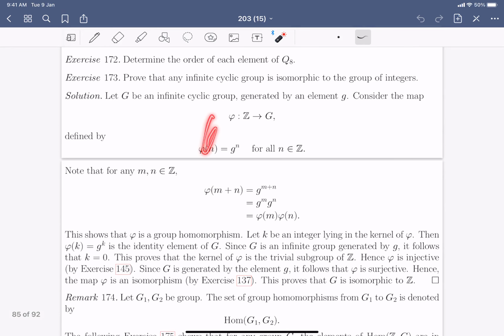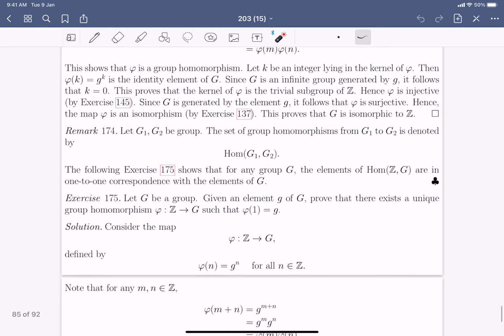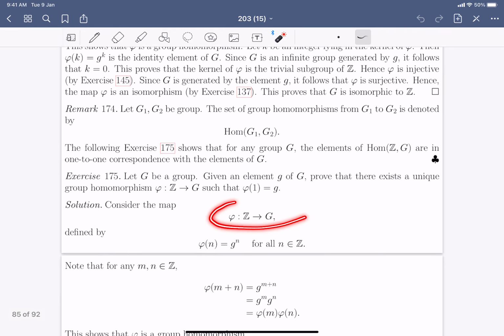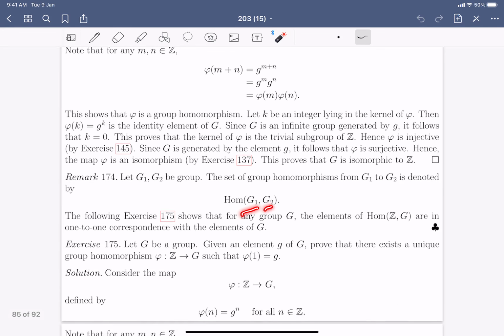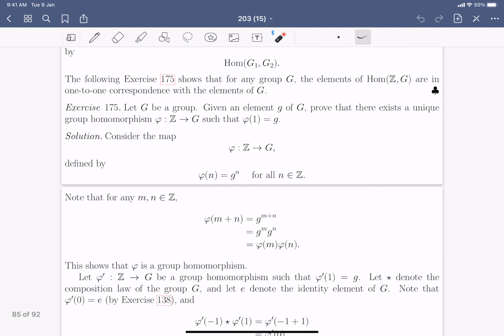And then similar arguments were used in order to understand the set of all homomorphisms from Z to a given group G. Okay, a while before we decided to write hom(G1, G2) to denote the set of group homomorphisms from G1 to G2. Okay, so this exercise 175 aims to understand hom(Z, G) for a given group G, and of course Z here denotes the additive group of integers.